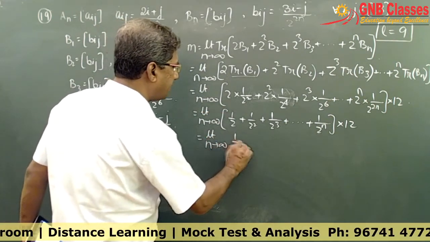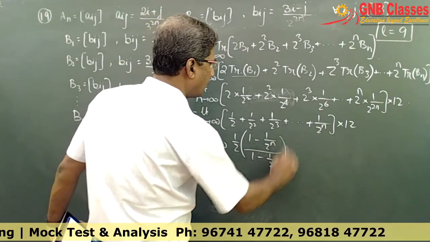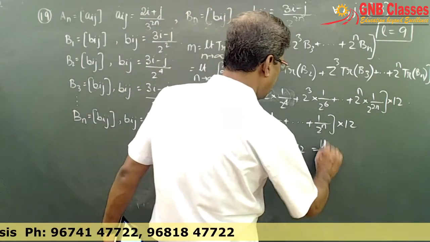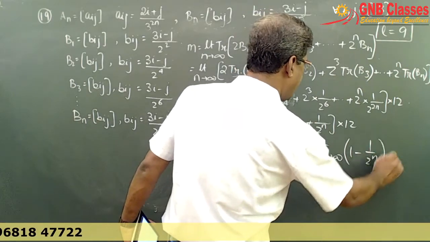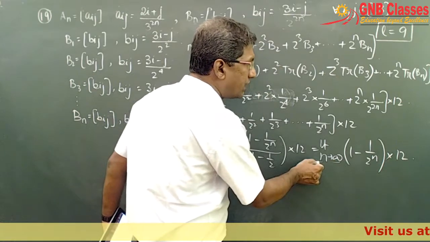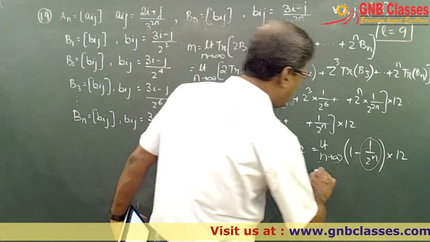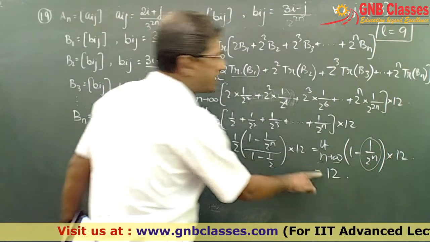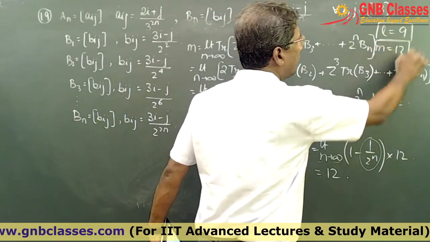Applying the formula, we get limit n approaches infinity of (1 minus 1 by 2 to the power n) into 12. As n approaches infinity, 1 by 2 to the power n will approach 0. Therefore, we get the value as 12. Therefore, m is nothing but 12. Is it clear to all of you?